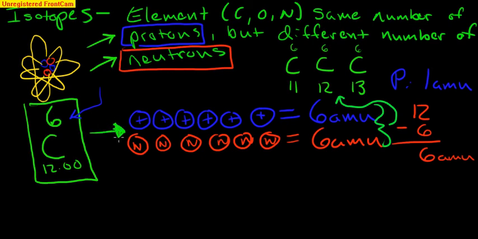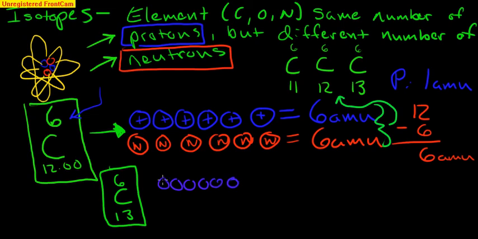Let's look at the isotope carbon 13. Once again, I give you carbon 13, and we know the number 6. Remember, we have the same number of protons in the element, so draw 6 again, all positive charge, 6 atomic mass units.